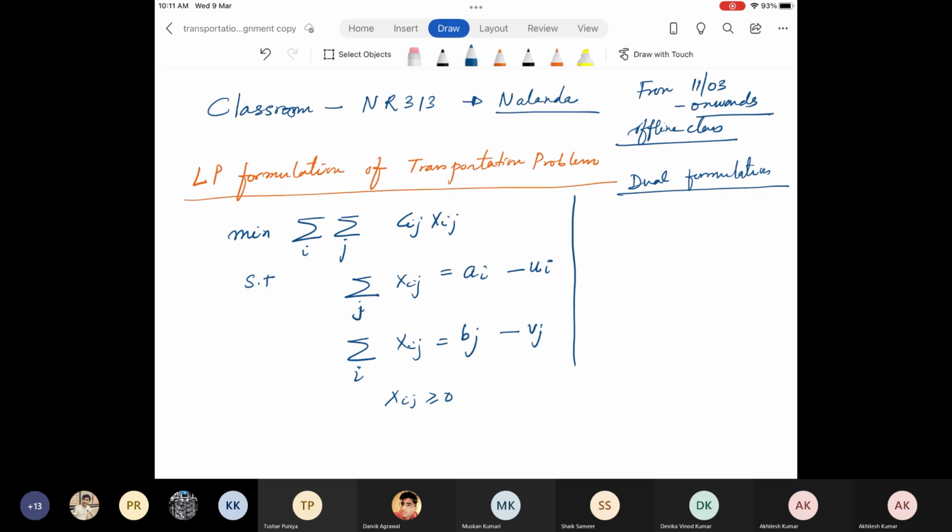Devika, how can we create the dual for this problem, if I assign ui as the dual variable for supply constraints and vj as the dual variable for demand constraints? Keeping silent won't help anymore. You have to come to a live class, so rather discuss it with me, try to clarify your doubts.